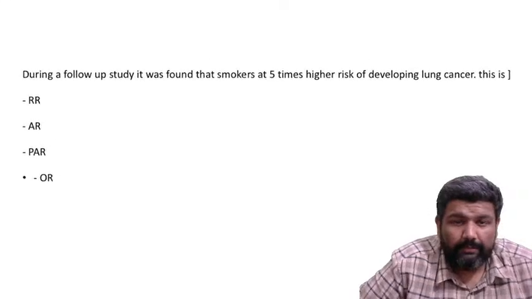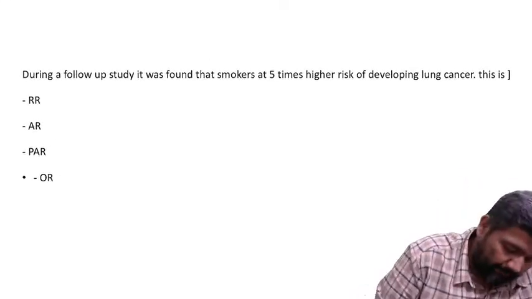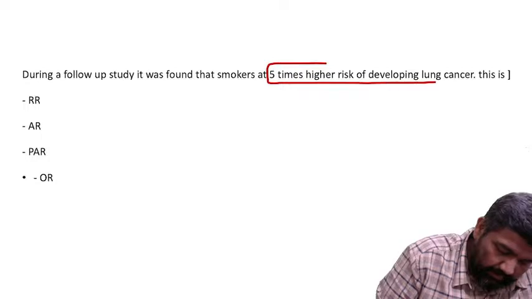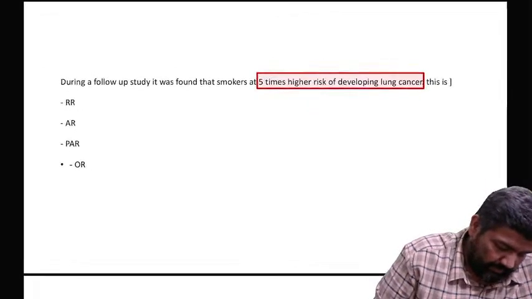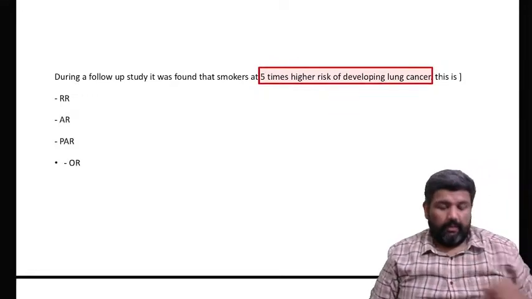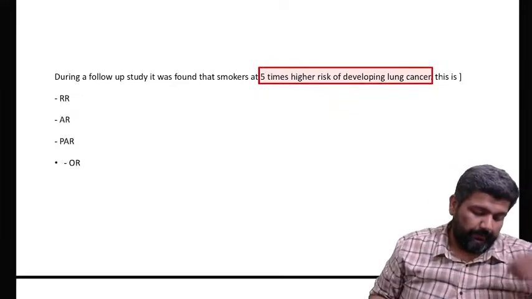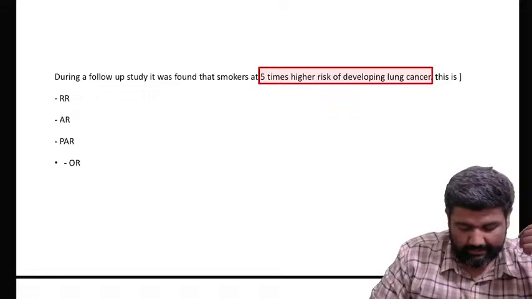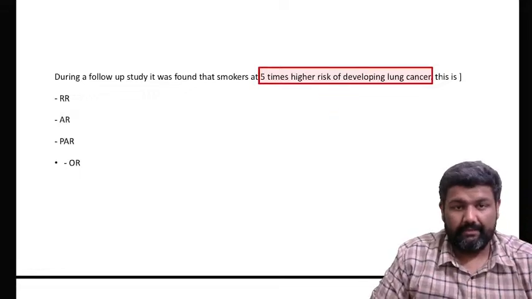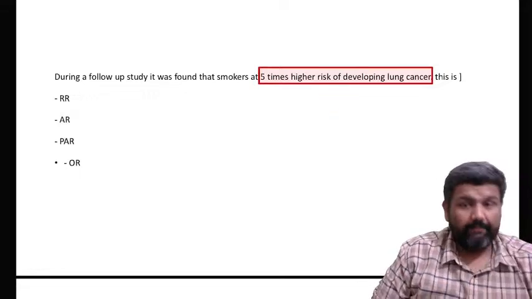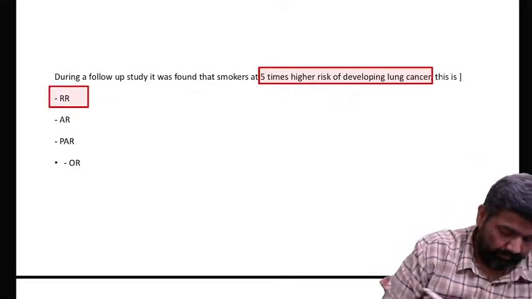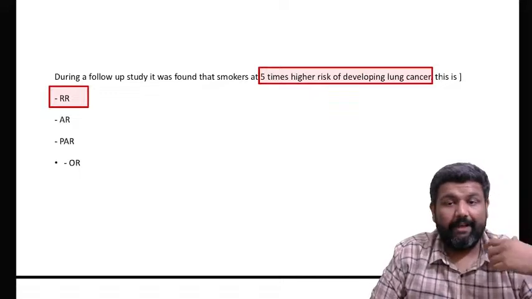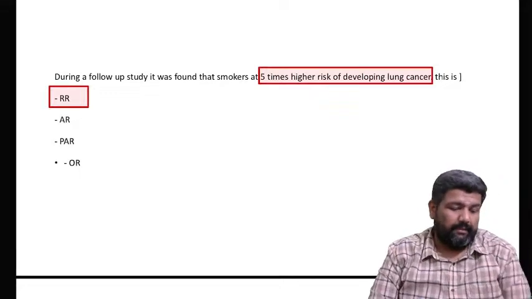During a follow-up study, it was found that smokers are 5 times higher risk of developing lung cancer. 5 times higher means relative risk.